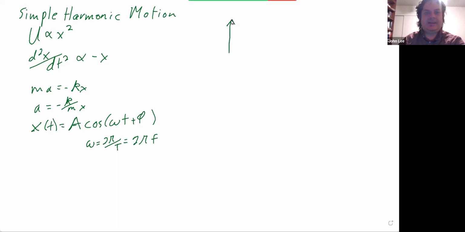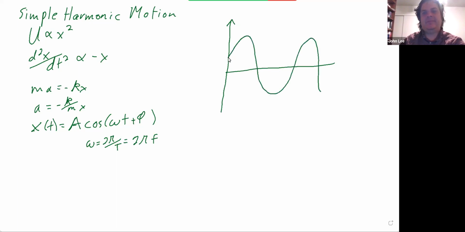So, for example, we have this wave of x versus t, and at this point t equals 0.